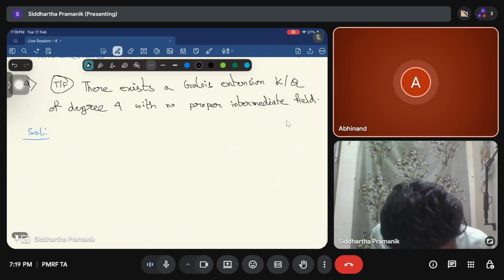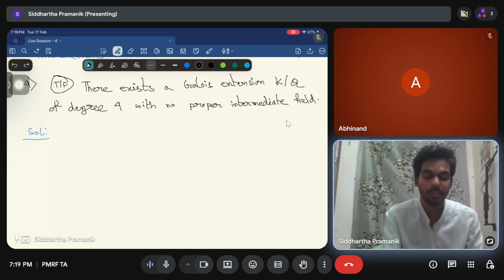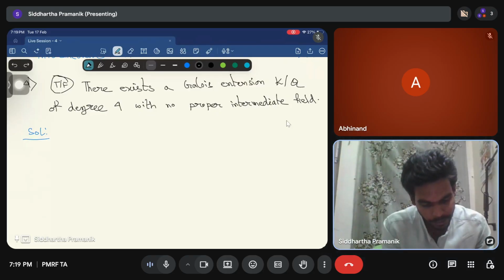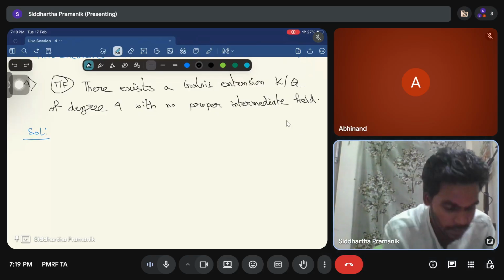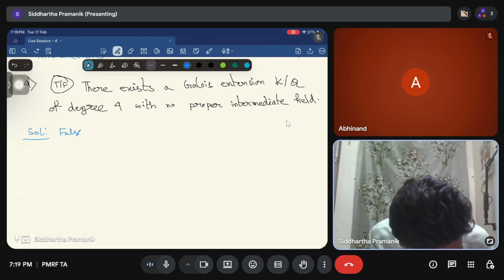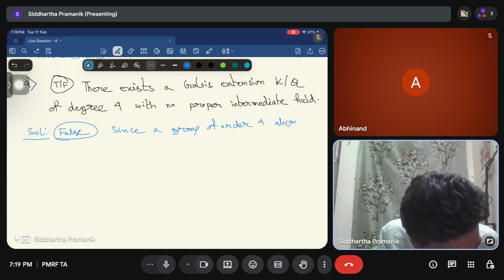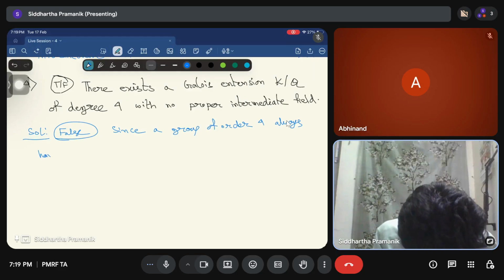So this is false, because the intermediate fields are in one-to-one correspondence with the subgroups, and a group of order 4 always has a subgroup of order 2.